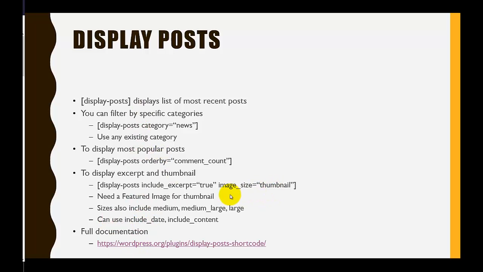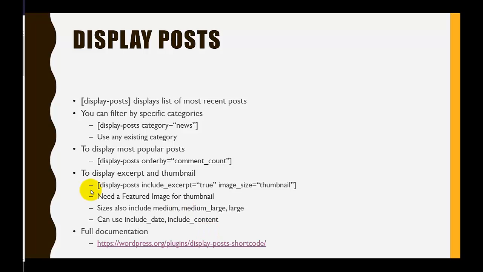In order for the thumbnail to work, it needs to be a featured image in the post. The size does not need to be a thumbnail. It can be medium, large, meaning middle-sized, or large. You can also include underscore date to include the date of the post.